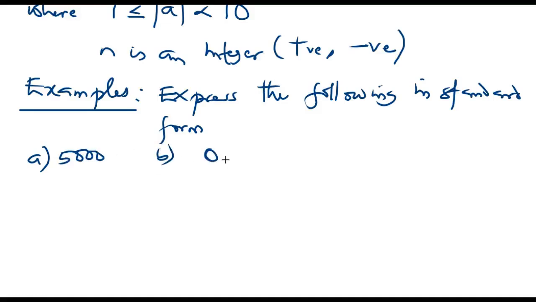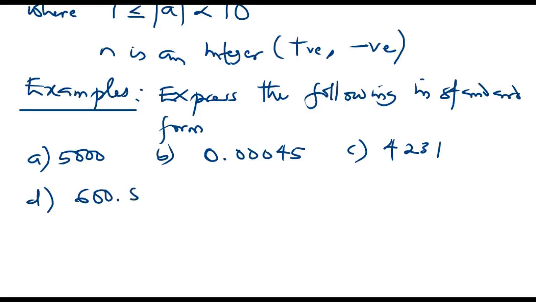We have B, 0.00045. We have C, 4231. D, let's say 600.84. E, let's say we have 34.694.